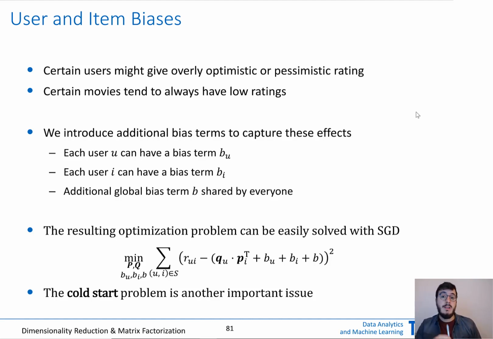Because nobody has seen this movie yet, nobody has given it a rating, so I cannot really predict which users are going to like it. One thing you can do here as a potential solution is to randomly choose users, show this movie to those users, and get an initial set of ratings, and based on those ratings, estimate how other users are going to like or dislike this movie.